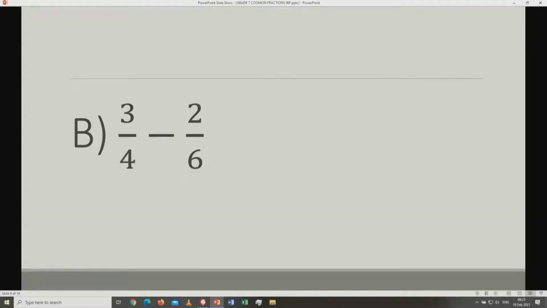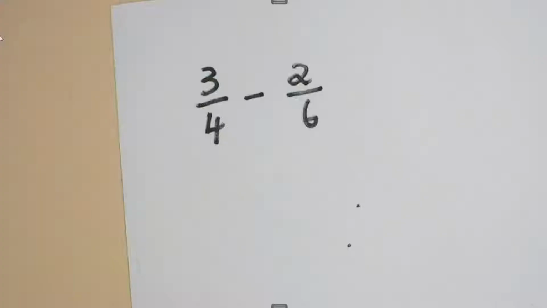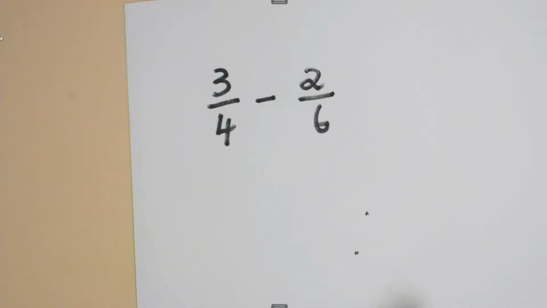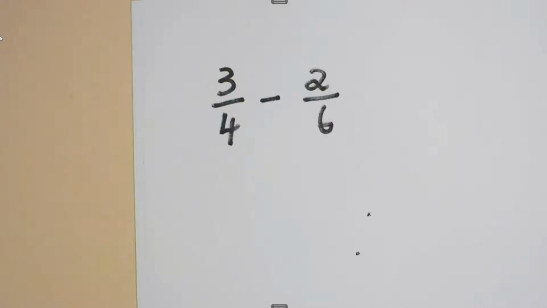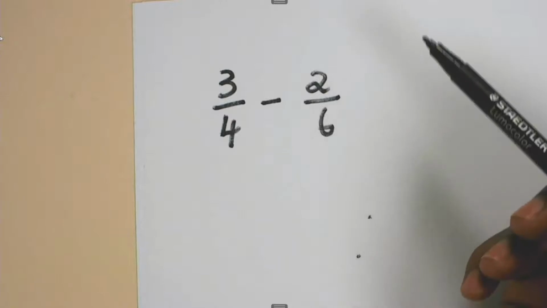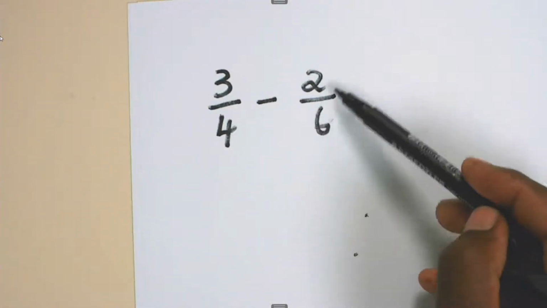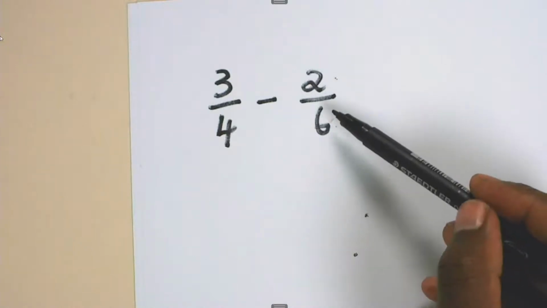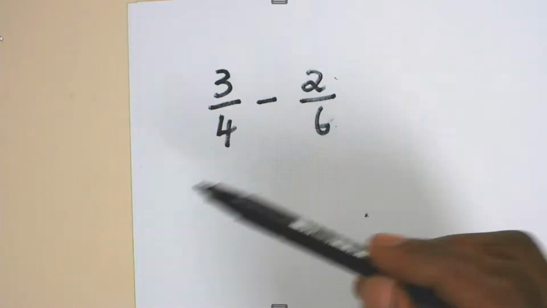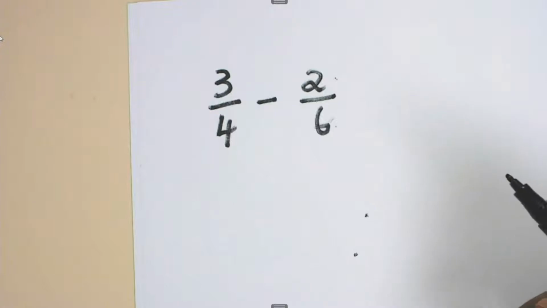Now, again, this is just a repetition. Guys, we've got 3/4 minus 2/6. You are welcome to simplify or write the equivalent of 2/6, or you may leave it as is and work out the solution.